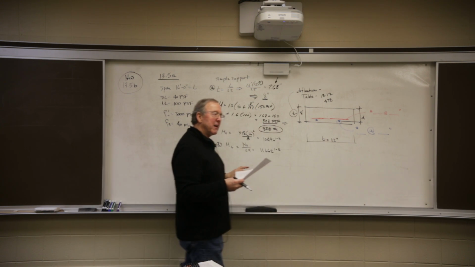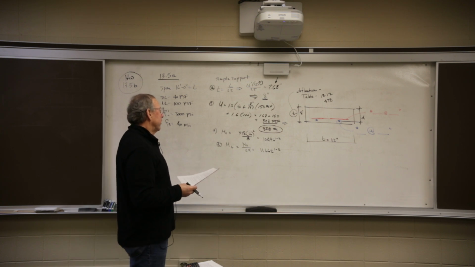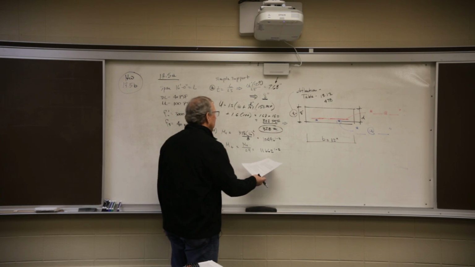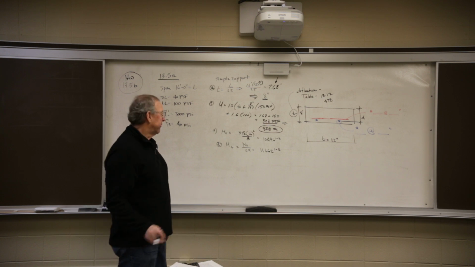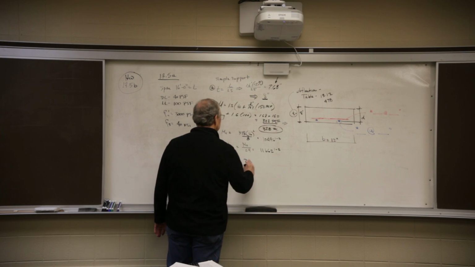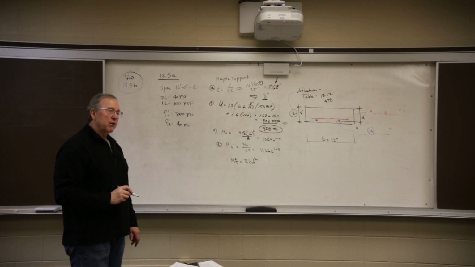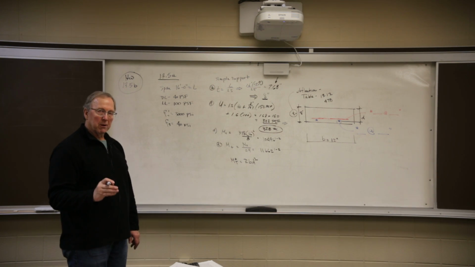Now I'm going to find the d based on flexure or bending. So I'm going to change this. Our equation, if you remember, and I'm going to make this Mt star, was R b d squared.